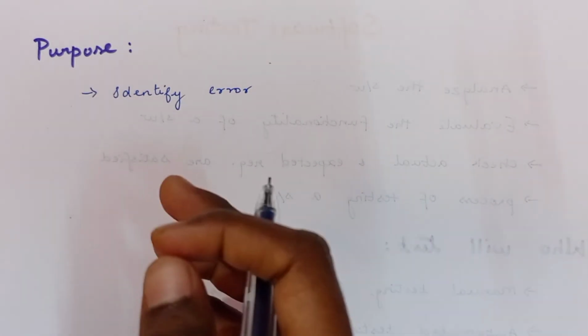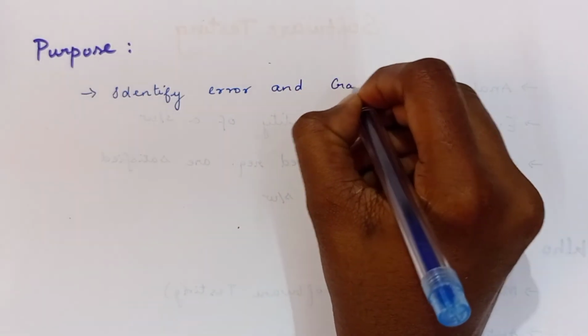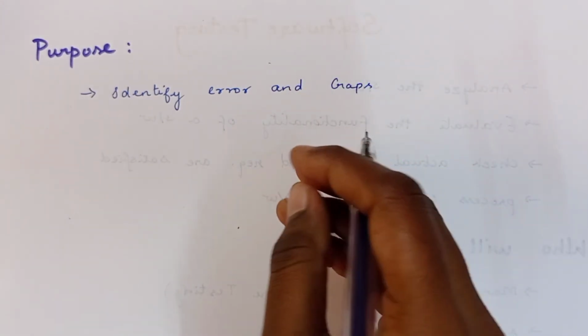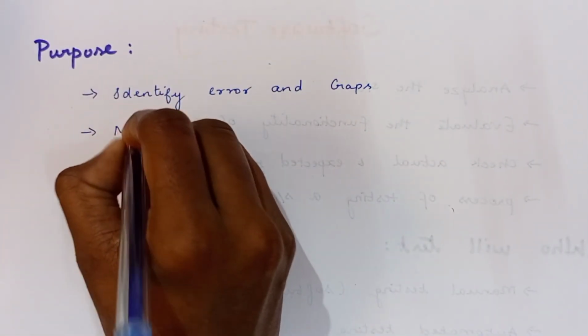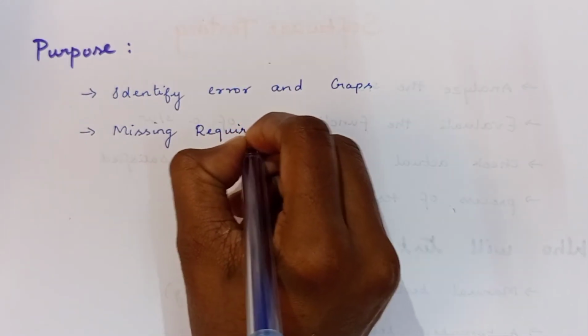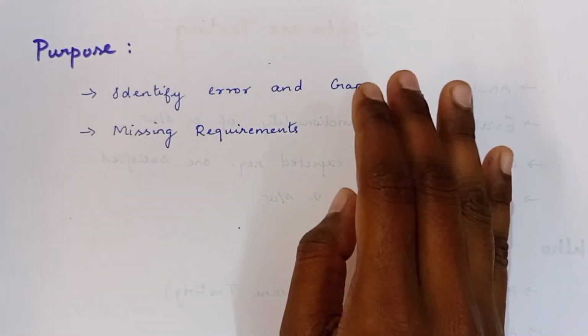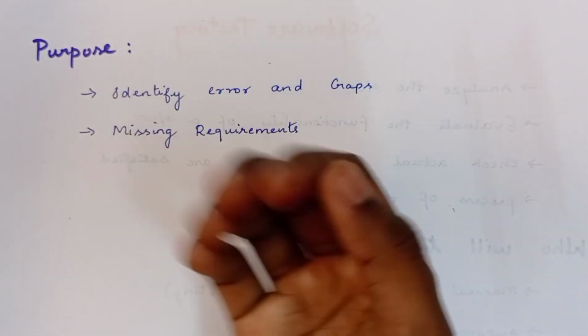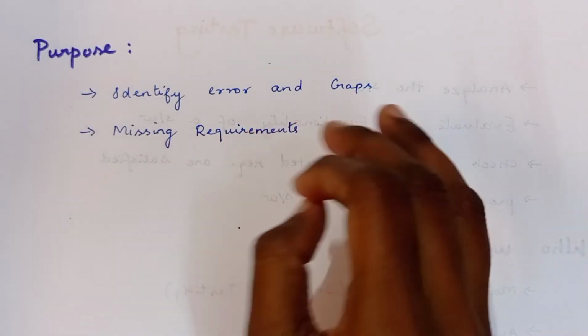The purpose of this step is to identify the errors and the gaps that may be there. And the next point is missing requirements. Sometimes every requirement is collected from the client or the customer, but some of the requirements are not fulfilled.